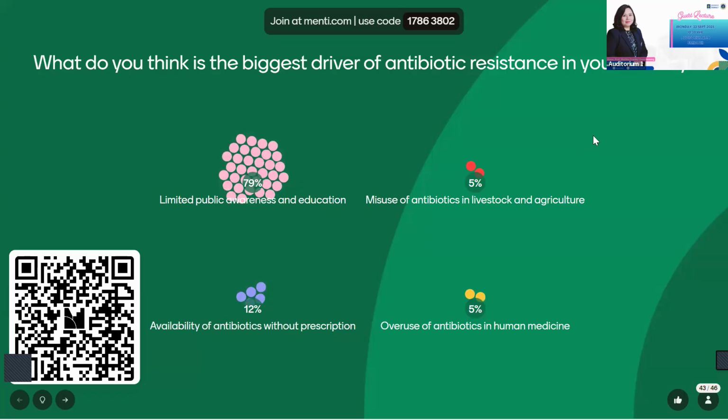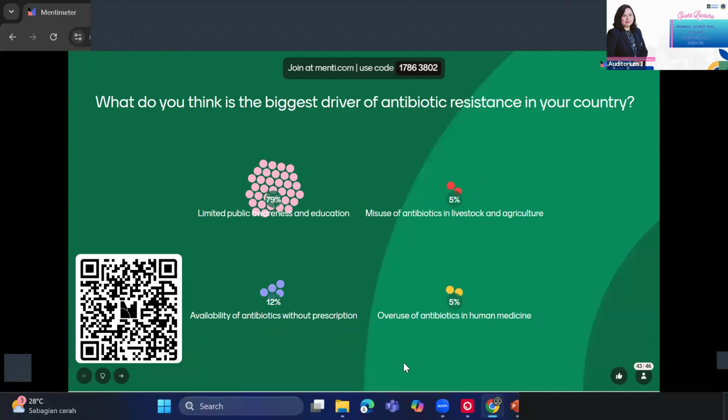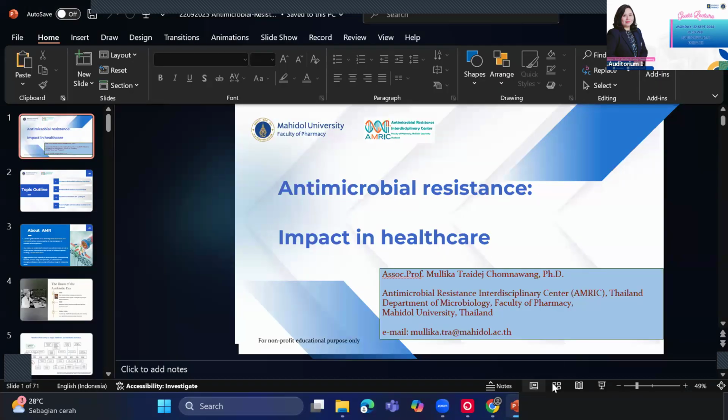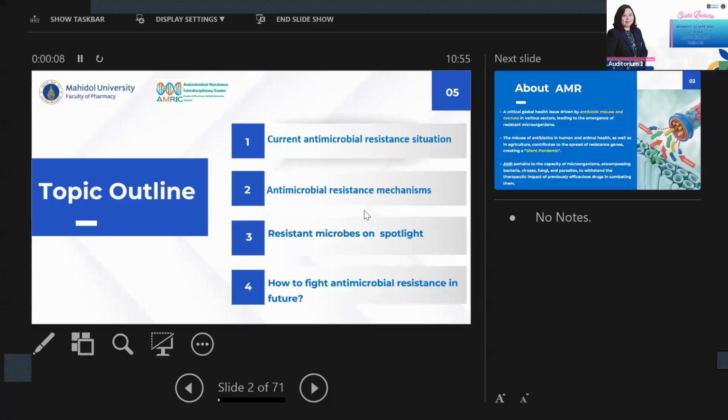Each country has a different problem, right? And a different cause that drives AMR. So that's why we have to learn today. Let's go to the slides here.